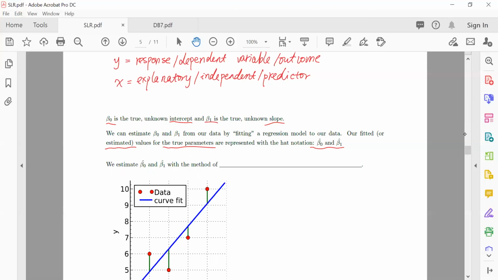So beta 0 and beta 1 are true parameters. Beta 0 hat and beta 1 hat are fitted or estimated parameters. And the idea we use to find our best fitted line is called least square estimation.